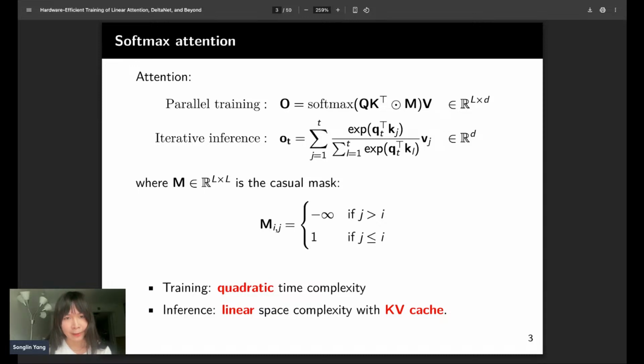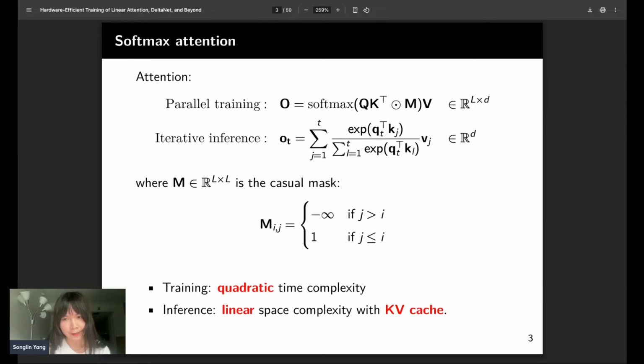In this scenario, we have the input sequence. For autoregressive generation, we have the iterative form. Basically, at time step t, we use that time step's query q_t to attend to the previous key vectors, so that we have an attention score.